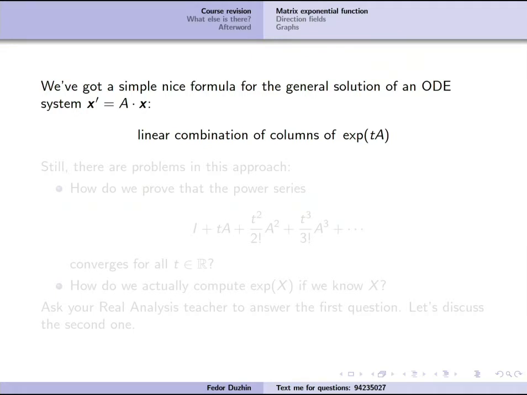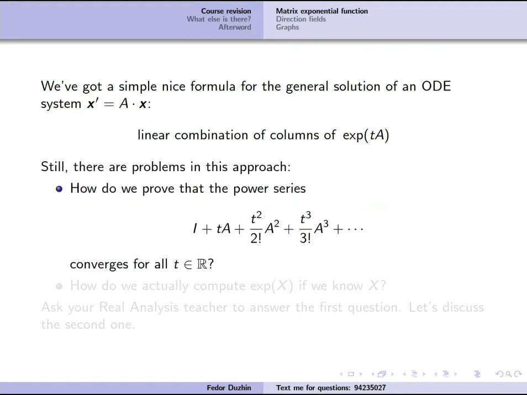But of course, there are some issues with this approach. The first issue is that by definition, exp of tA is the sum of the infinite power series. But how can we prove that it converges for all values of t?